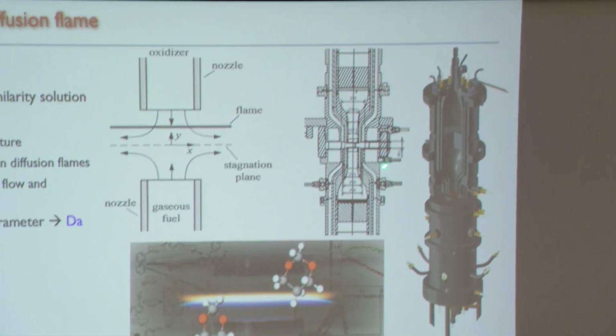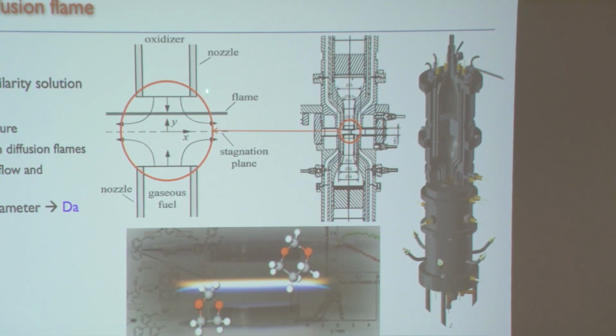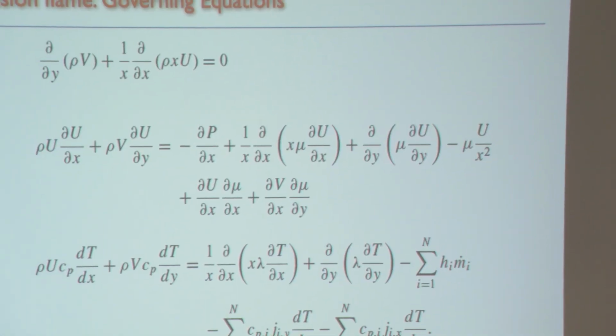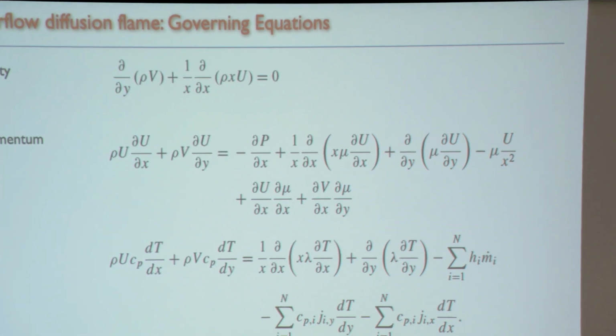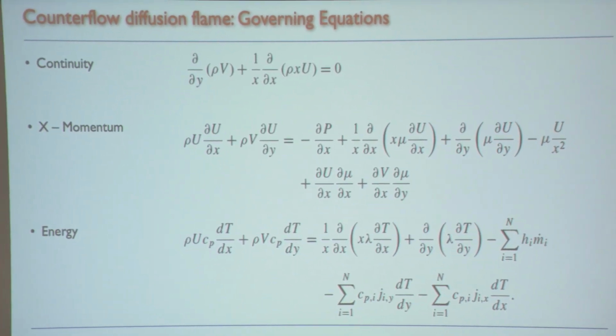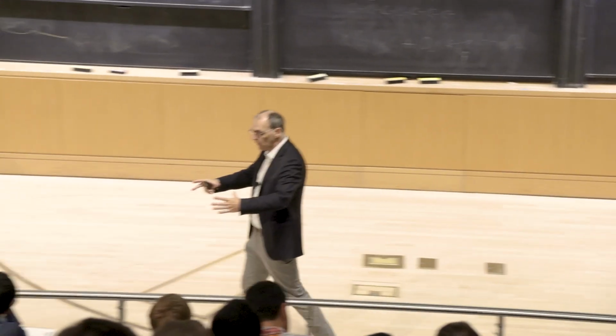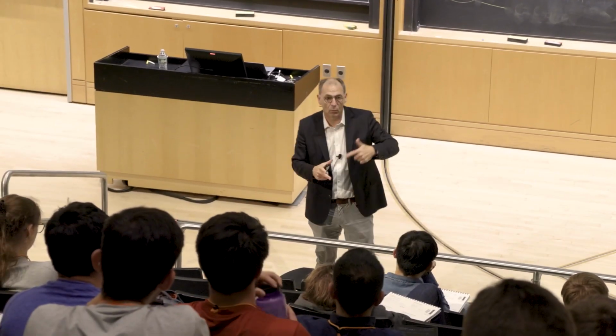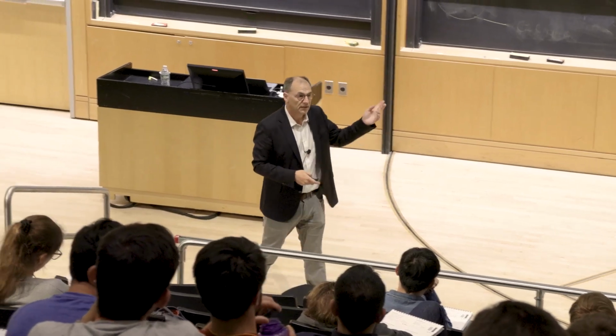Okay, so this is this region here. And now we can write down the equations. Now here's the problem. This McKenna burner, premixed burner, was 1D just by itself, right? This here is not 1D.